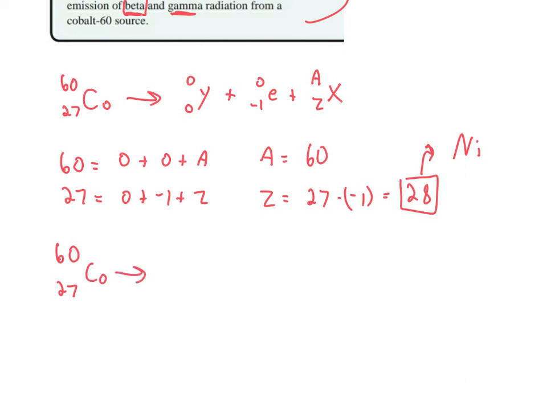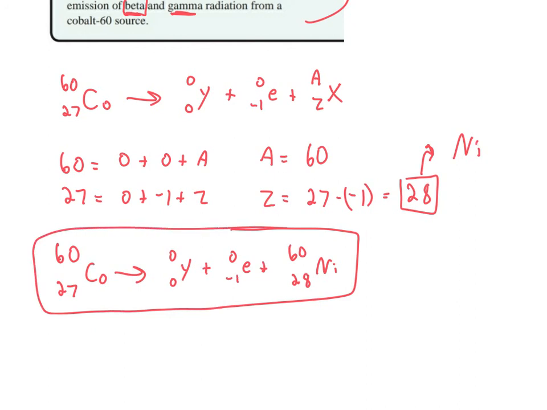So cobalt-60 is going to decay and make a gamma particle plus a beta particle plus, and now we're going to have still the 60 up here. We're going to now have 28 down here, and this is nickel, and there is our final nuclear equation for this gamma radiation and beta radiation.